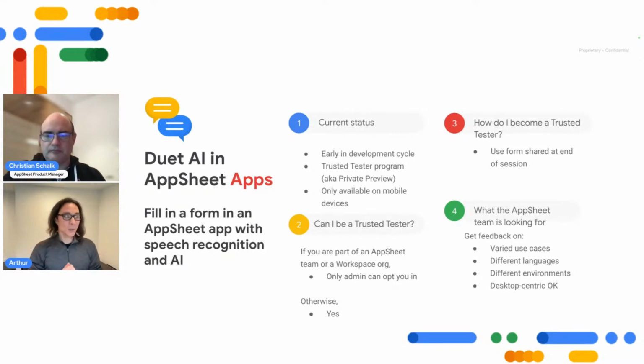As I mentioned, still early in the development cycle, and that's why we're in the Trusted Tester program, or private preview. And today, it's only available on mobile devices, both iOS and Android. But you have to be able to download the new native apps that we have on the Play Store and the App Store to be able to leverage that.